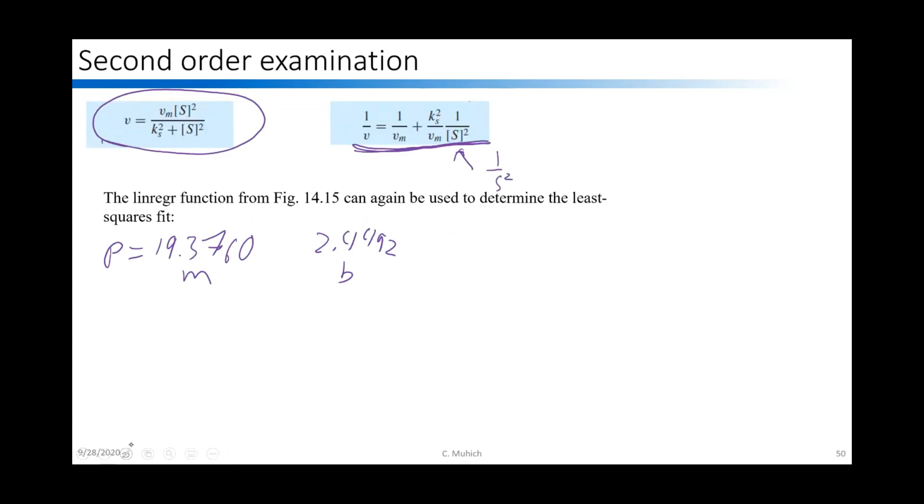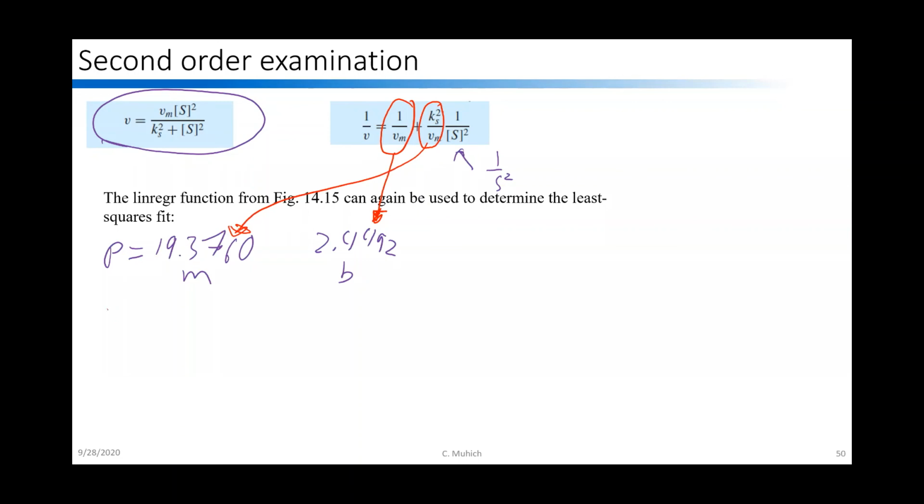We can now convert them using the same idea before, where we can relate our intercept to 1 over Vm, and we can relate that slope to that 19.6.